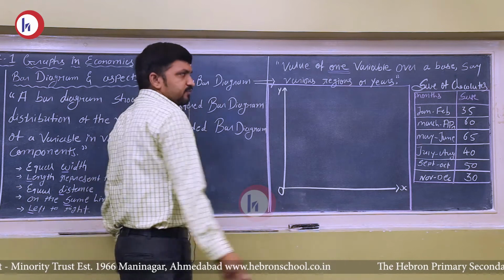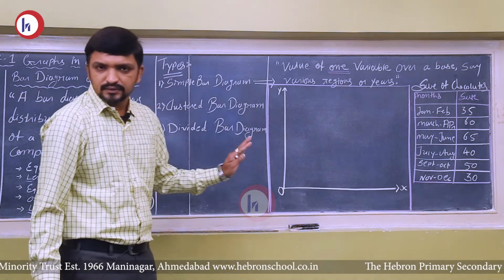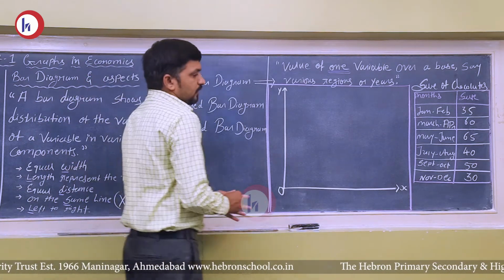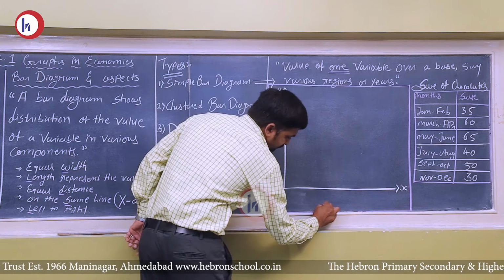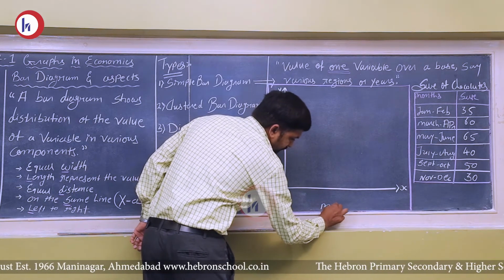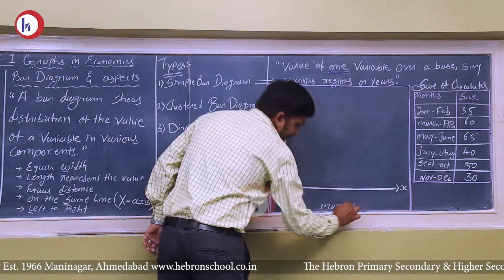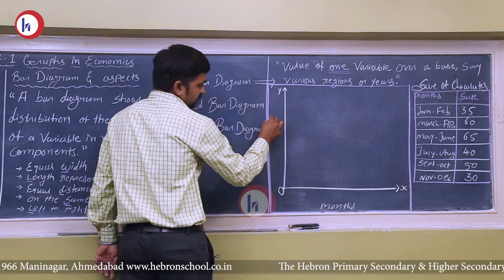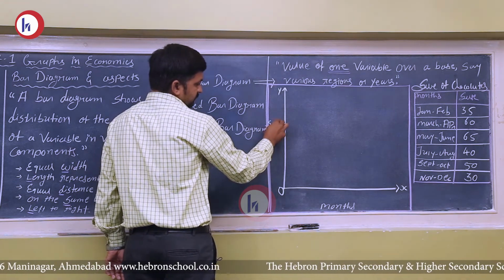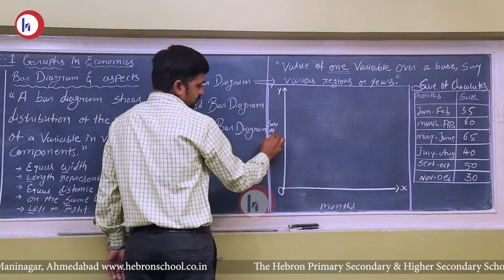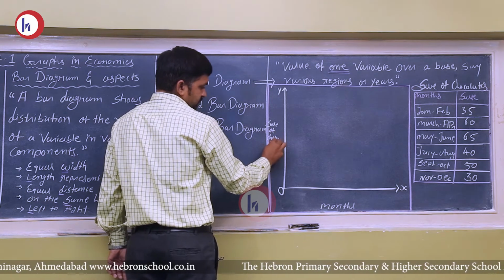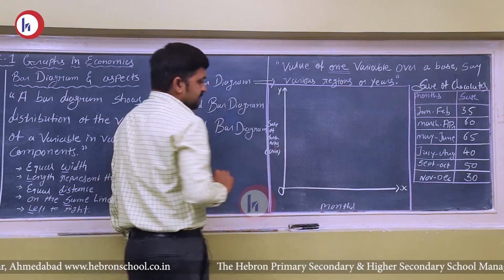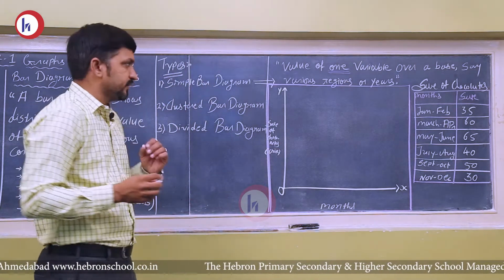But if you have a graph paper, then there is no need to do this. So, on the x-axis, let us take months. On the y-axis, let me write sale of chocolates, and the sale of chocolates is given in units.